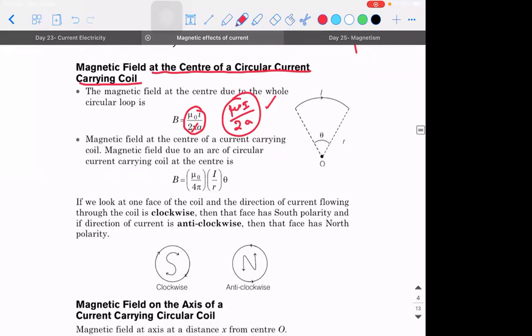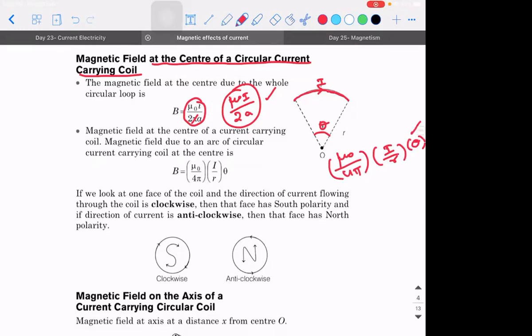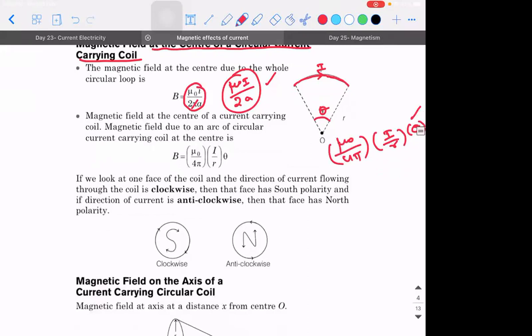If you want to find the magnetic field due to a small portion of the current carrying circular coil, which makes an angle theta at the center, then you can remember this formula: mu naught by 4 pi is the constant, into I divided by R multiplied with theta, where theta should be taken in radians, not in degrees.